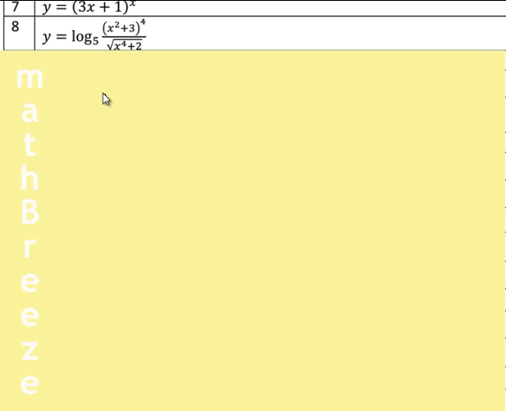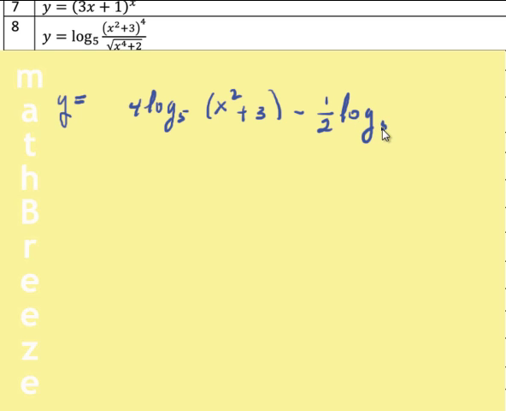Number 8, before we differentiate, we'll take advantage of log properties. So let's expand, and we have 4 log base 5 of x squared plus 3 minus 1/2 log base 5 of x to the 4th plus 2. And now differentiate y prime.